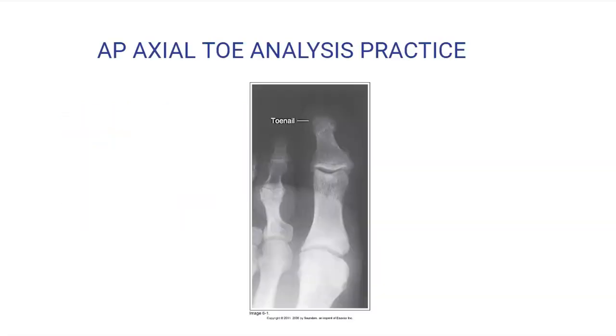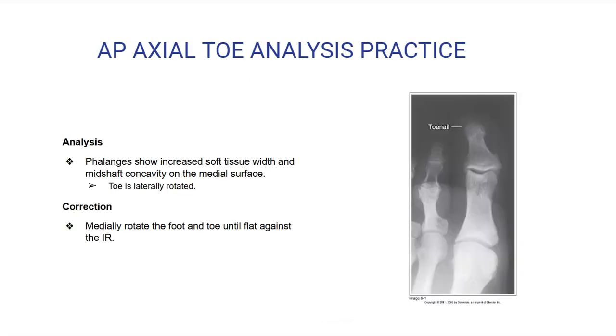We have come to our first practice analysis. Please review the imaging and answer the following question. Let's review this image analysis practice together. In this AP axial toe projection, improper positioning has resulted in an increase of soft tissue width and midshaft concavity on the medial surface, indicating that the toe is in lateral toe rotation.